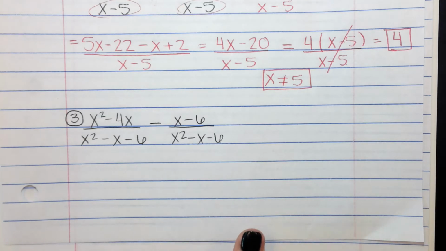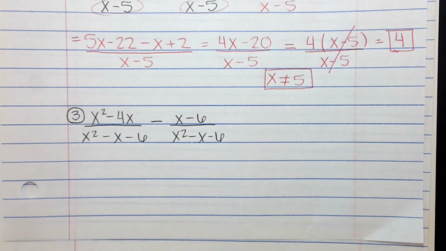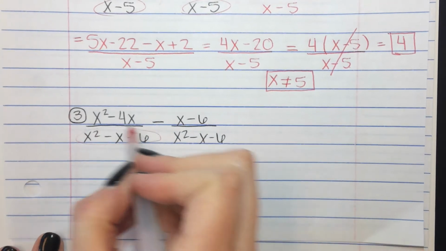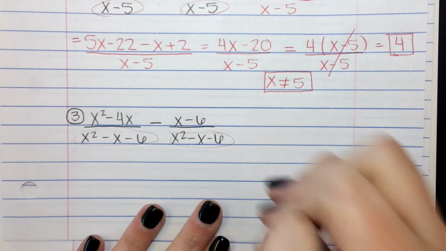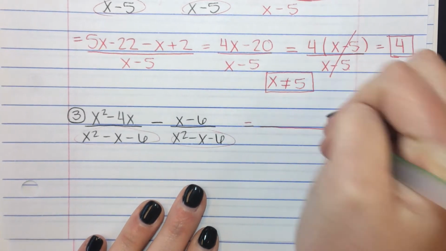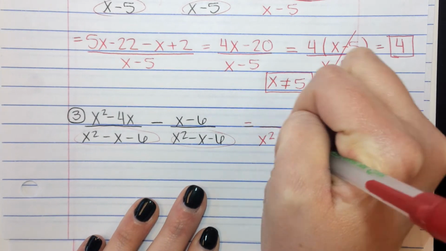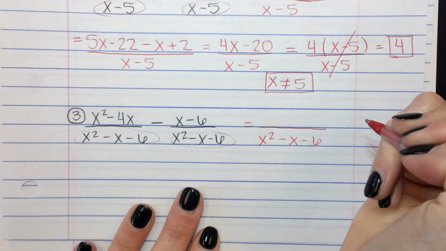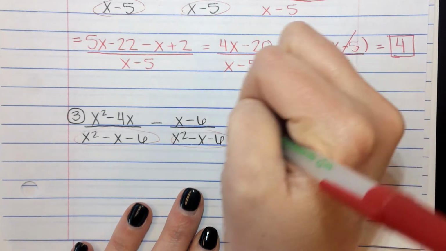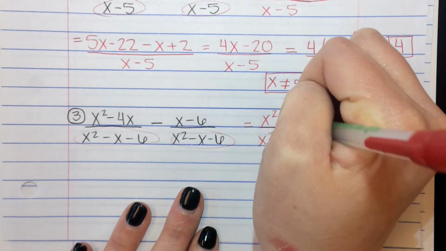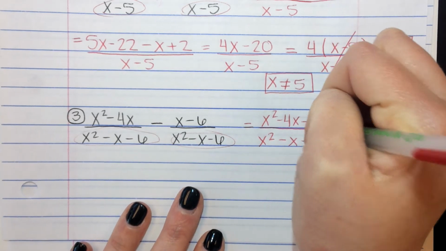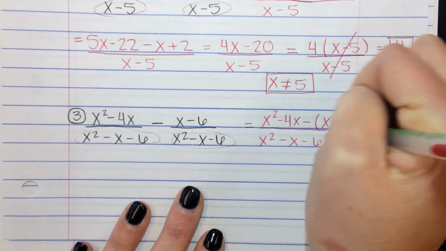Okay, we're going to do one more example where the denominators are the same. So our denominators match, so we're good to go. I'm going to bring that denominator over. So x squared minus x minus 6. Now, on the top, I have x squared minus 4x, and then I'm subtracting the quantity x minus 6.